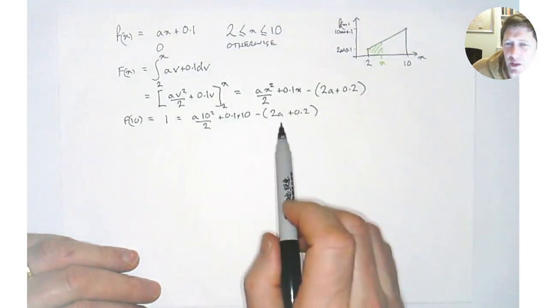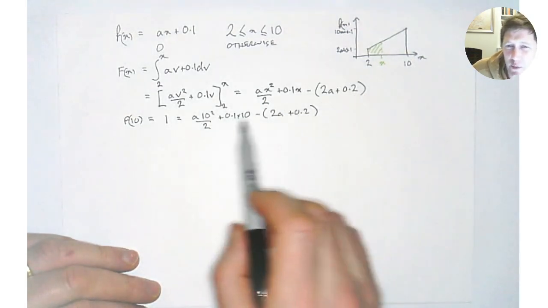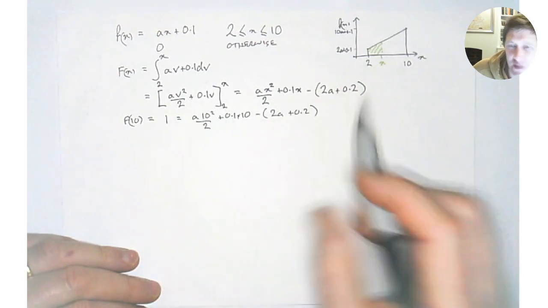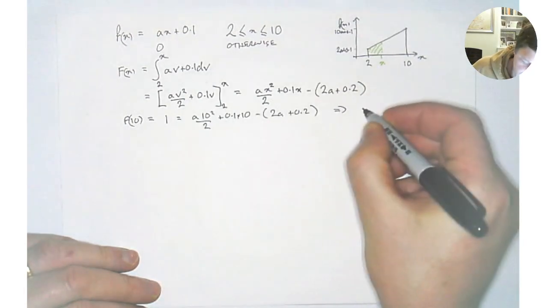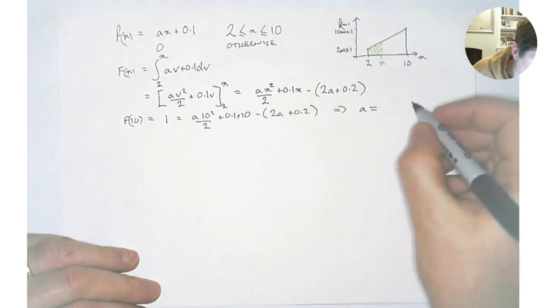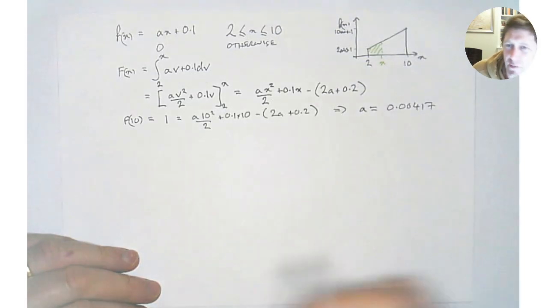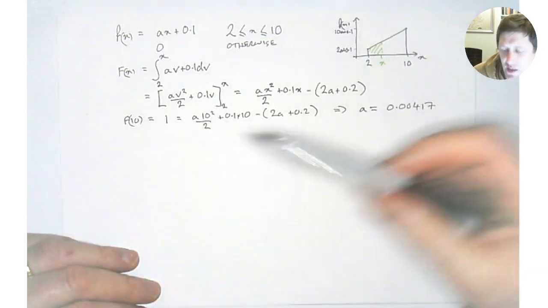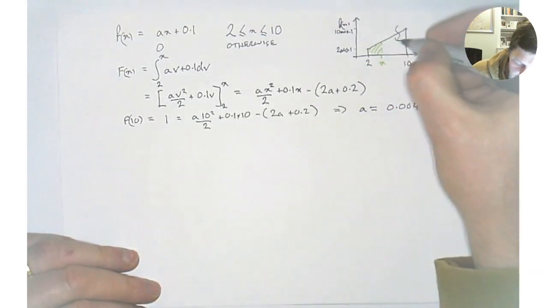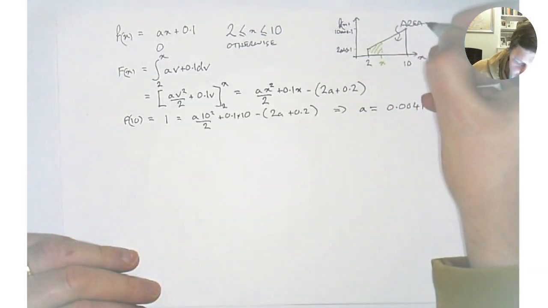And so indeed we do find out a can't be just any number we want. A is fixed because it's fixed by this equation, and if you work out what that is, we get a is equal to 0.00417 in this case. Okay, and so that all comes about because this area must be equal to 1.